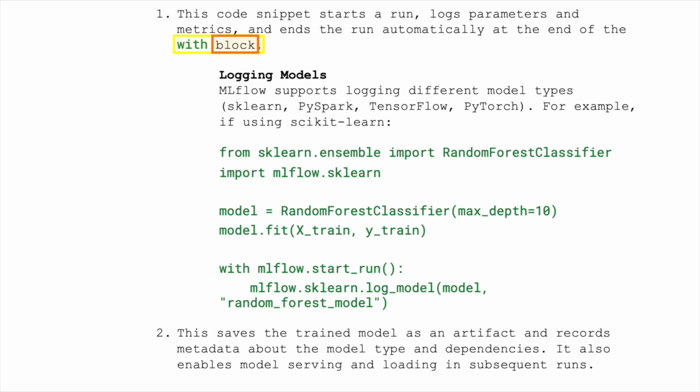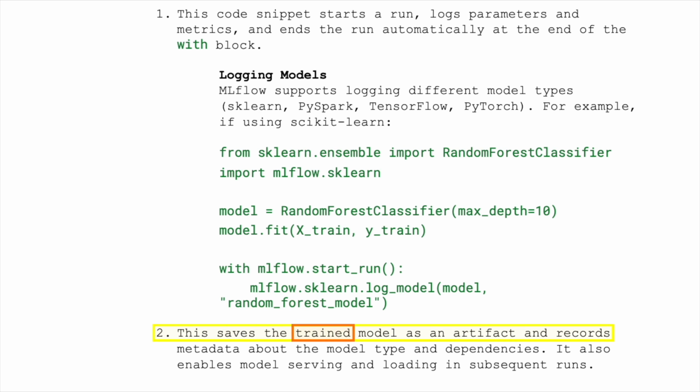end of the with block. Logging models. MLflow supports logging different model types: sklearn, PySpark, TensorFlow, PyTorch. For example, if using scikit-learn: from sklearn.ensemble import RandomForestClassifier, import mlflow.sklearn, model equals RandomForestClassifier max_depth equals 10, model.fit x_train y_train, with mlflow.start_run, mlflow.sklearn.log_model random_forest_model.